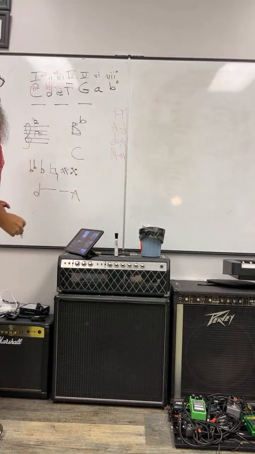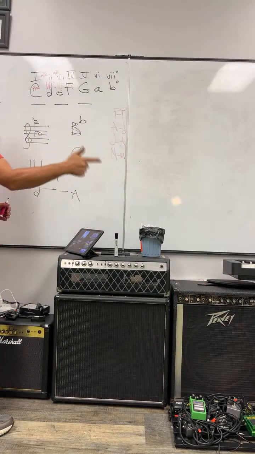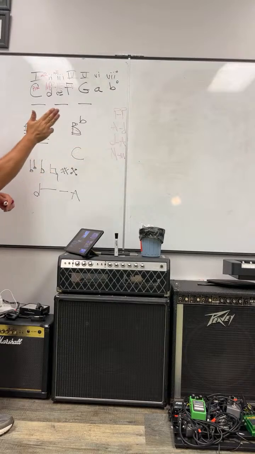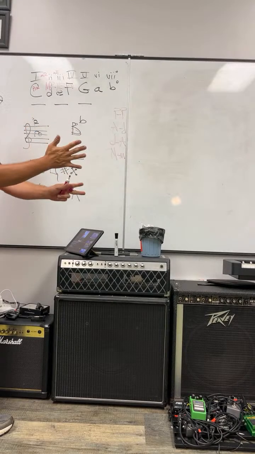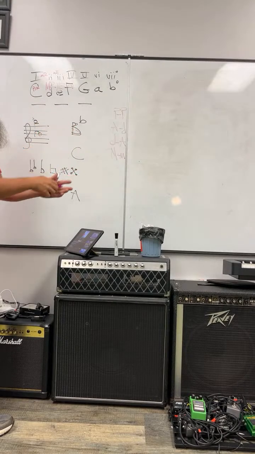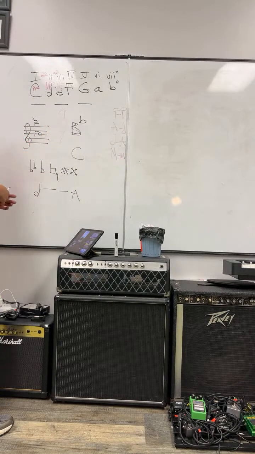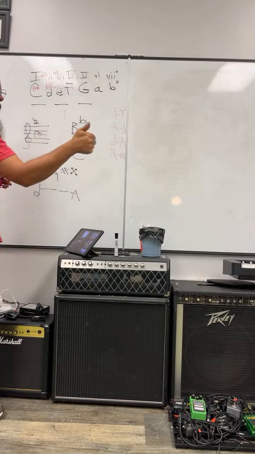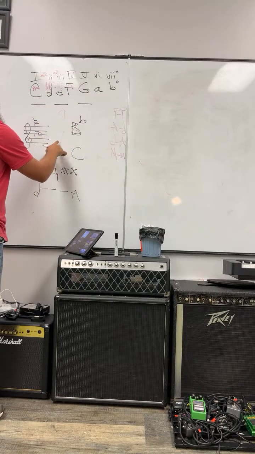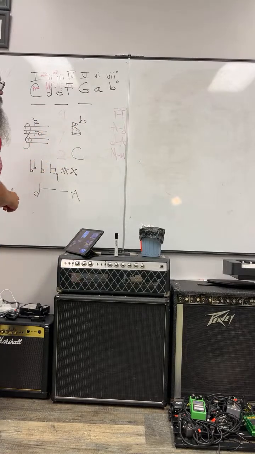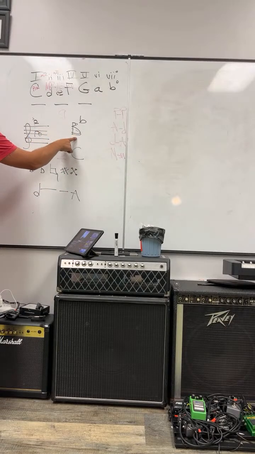In this case, when we go C, D, E, F, G, A, B, we get 7 notes. 9 minus 7 equals, you betcha, what do we get here? 7, 8, 9, 2.